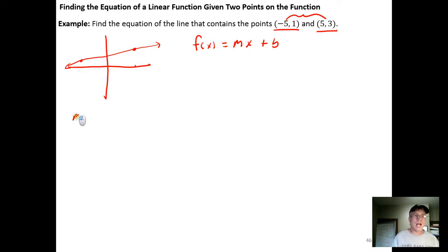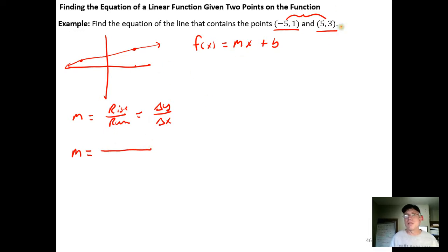So we calculate the difference between the y coordinates divided by the difference between the x coordinates to calculate slope. It's rise over run, or change in y divided by change in x.